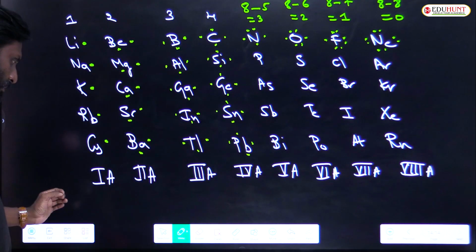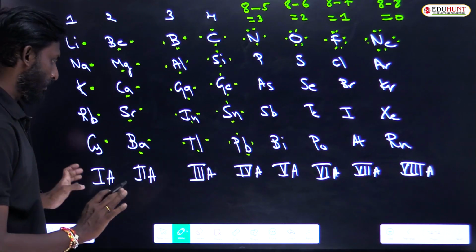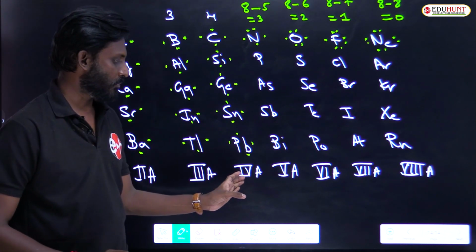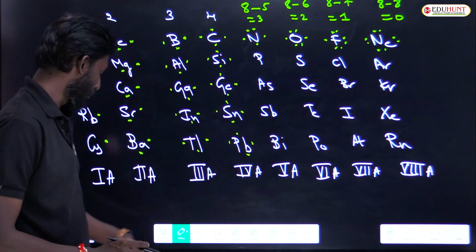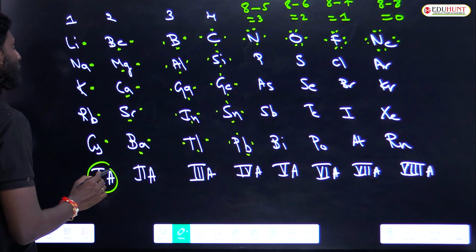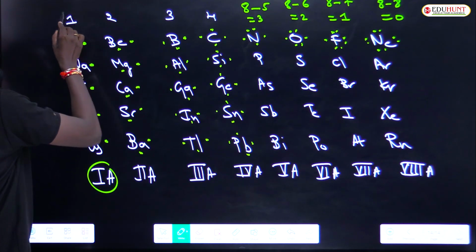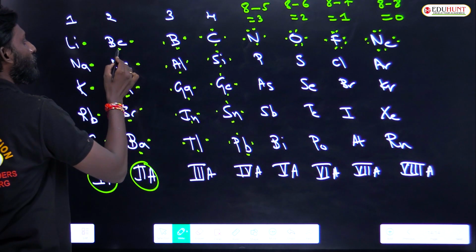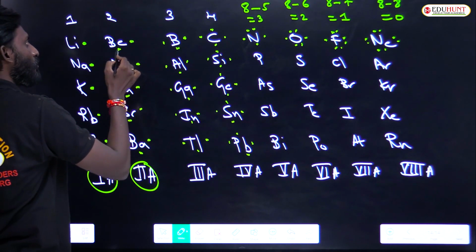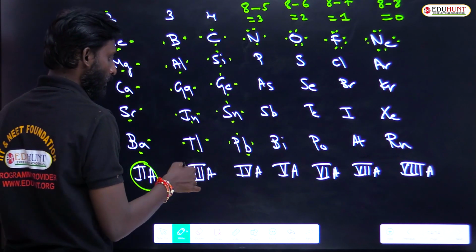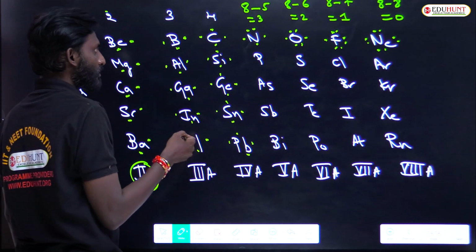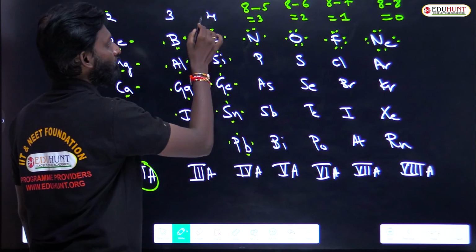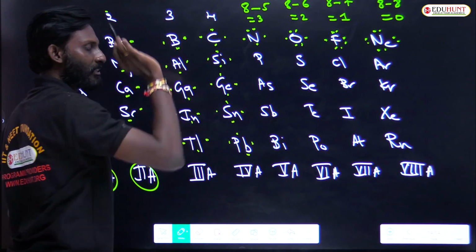Okay, but the same concept applies here too, from the first group to the fourth group. Group number 1, valence electrons 1, valency also 1. Group number 2, valence electrons 2, valency also 2. Group number 3, valence electrons 3, valency also 3. Group number 4, valence electrons 4 and valency also 4.